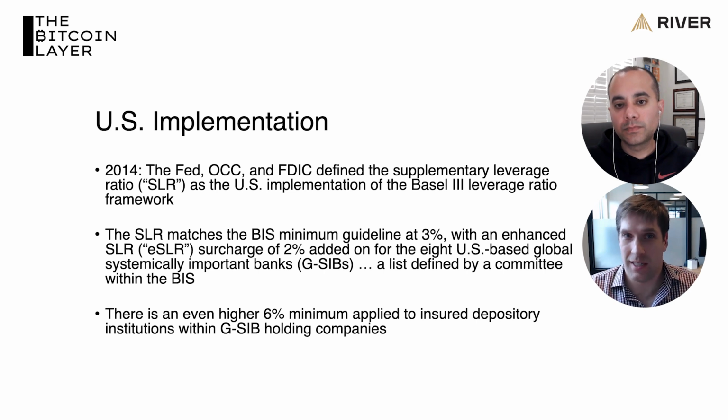So you're held to a 6% SLR for the deposit bearing, FDIC bearing institution. The reason for that is obviously the government support, the publicly financed federal deposit insurance fund needs to be protected, and so there is an extra surcharge, an enhanced capital buffer, on top of the extra amount for being a GSIB, to ensure the integrity of those bank deposits.